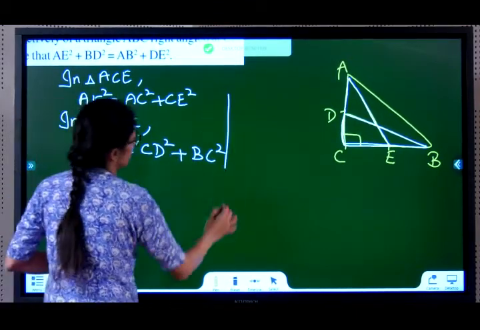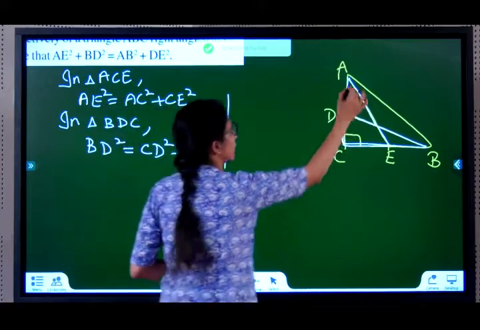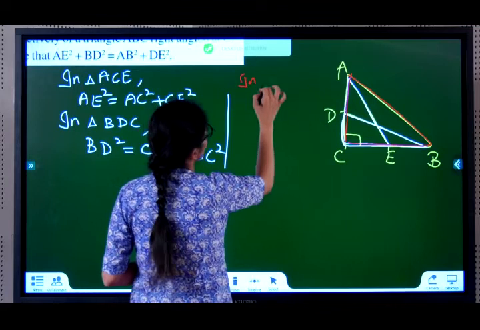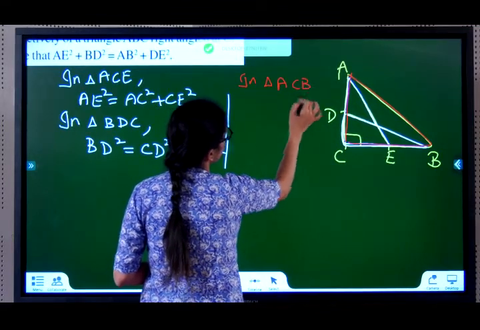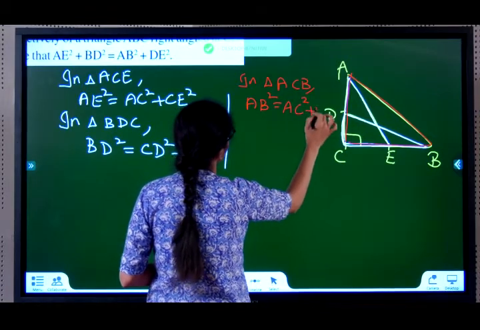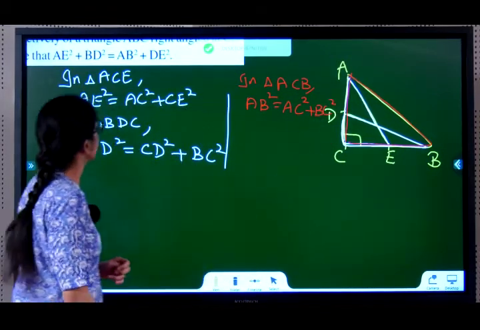Yes. Which is the next triangle that we have? We have the whole triangle, that is in triangle ACB, AB square is equal to AC square plus BC square.